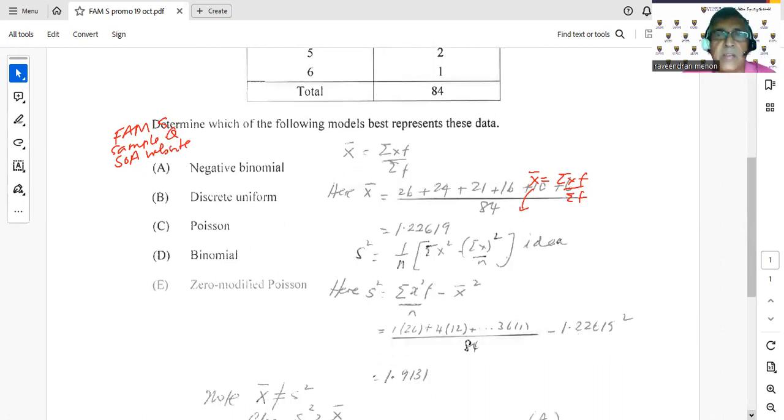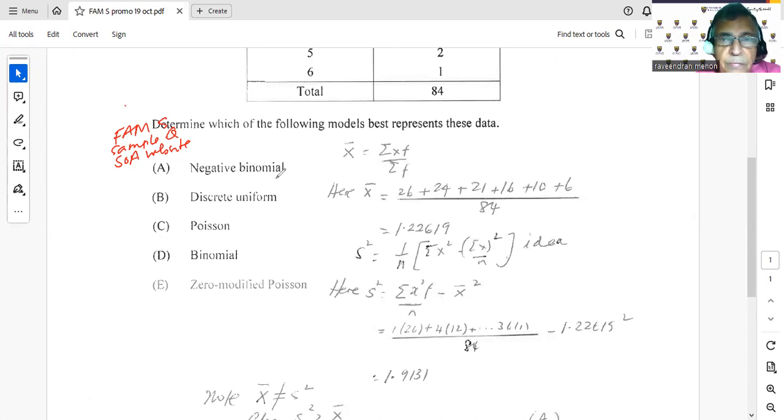Since I have it all on the screen, might as well talk about that. We don't want to reinvent the wheel. So there you go.